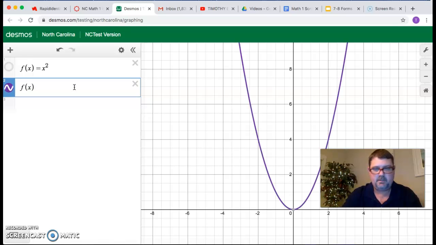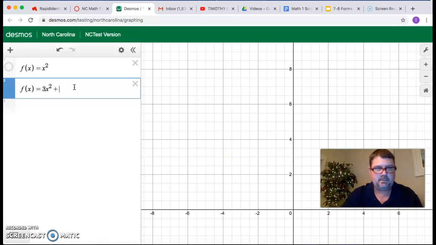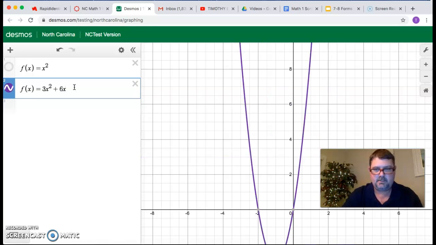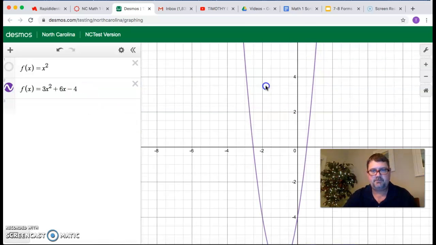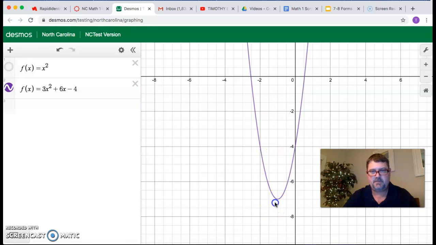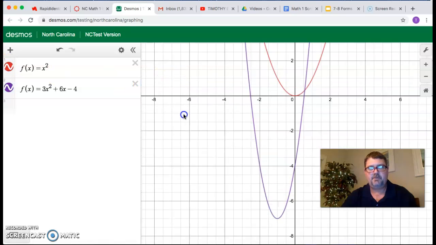Anyway, I'll just type it in: plus 6x minus 4. There's our quadratic function that we just spent some time on. There's our vertex, just like we expected. There's that y-intercept, just like we expected. And you can see how those values of a and b have moved this thing around.